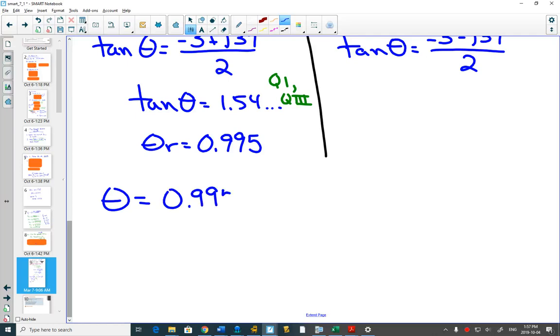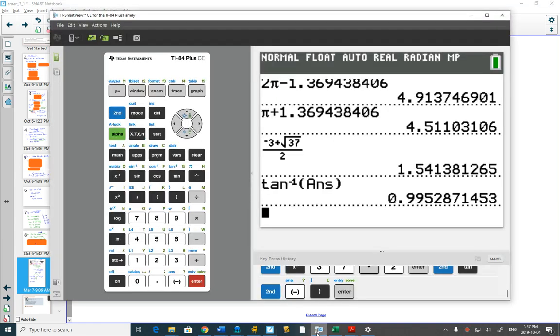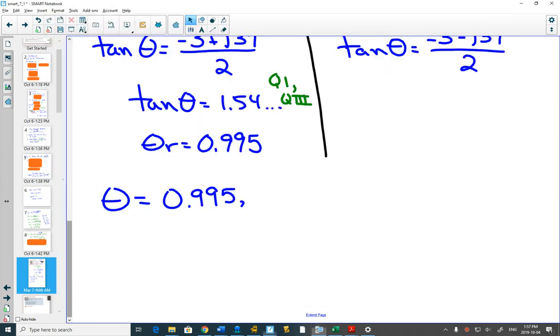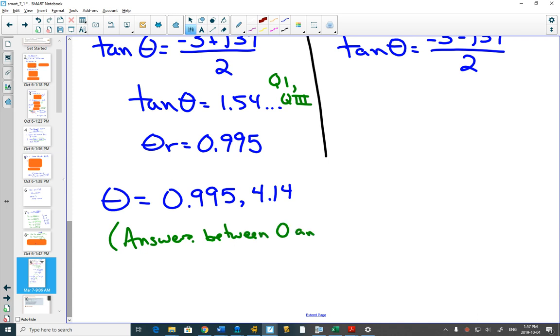It's going to be in quadrant 1, which is 0.995. And in quadrant 3, so go back to my calculator, quadrant 3 would be pi plus my reference angle, 4.14. Those are my answers between 0 and 2 pi. Maybe I'll put that in brackets underneath. Those two answers are between 0 and 2 pi.